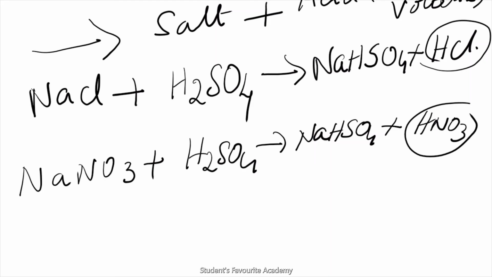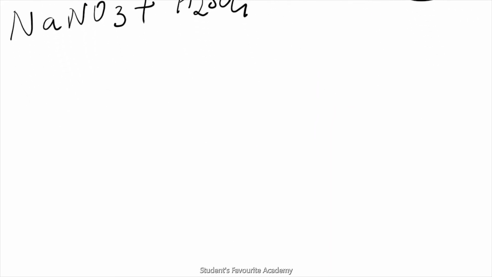Then the properties of acids. Acids are sour to taste, but we should never taste them because many acids are harmful. In general acids have a sour taste, and many acids like sulfuric acid and nitric acid are corrosive in nature. Therefore, they should neither be touched nor tasted.